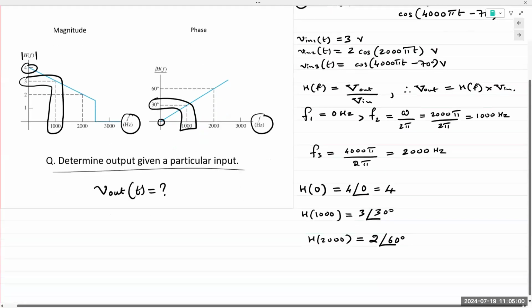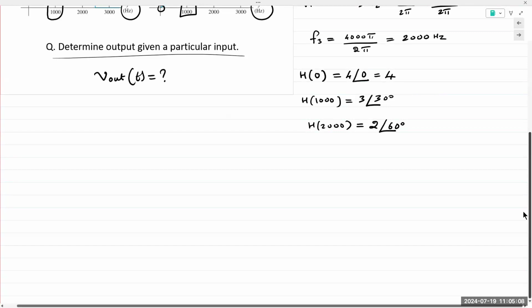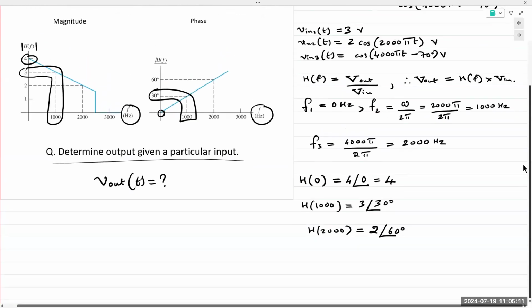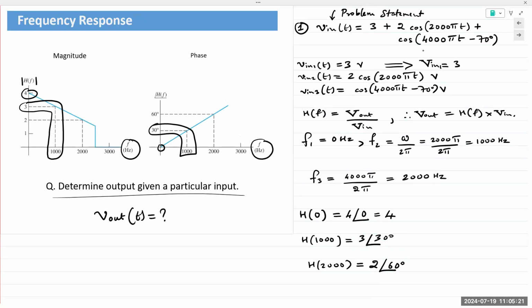Okay, then let's write out the phasors for V in 1. Wait, we already have. No, we didn't write out the phasors. So let me write it out here. V in 1 would simply be 3.